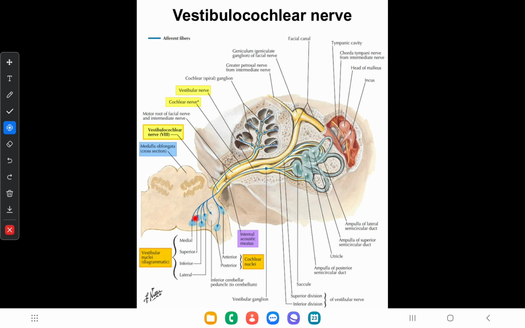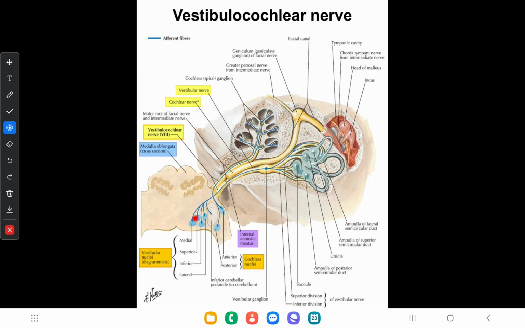The vestibular nuclei are connected to the archicerebellum. The medial longitudinal bundle connects it to the motor nuclei of the third, fourth, and sixth cranial nerves. Remember that the medial longitudinal bundle connects these vestibular nuclei to the third, fourth, and sixth cranial nerves.